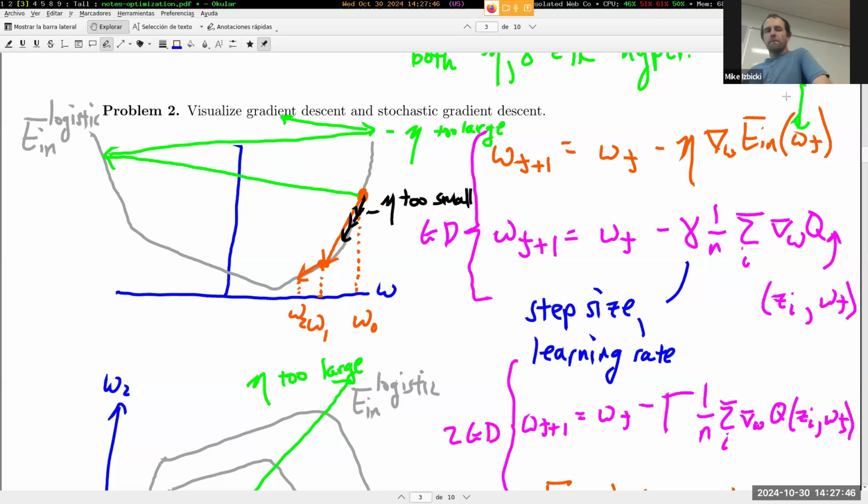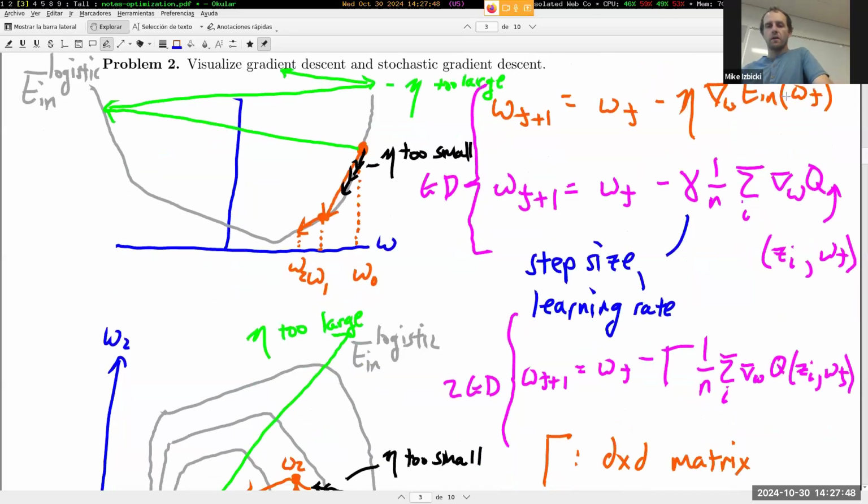Yeah. What is that signal on the second order gradient for the 1/n? So this thing over here is the gamma matrix, the D by D matrix, and there's a 1/n. This is a sigma right here, the summation, and then the gradient with respect to W of Q right here. Yeah, I'm just wondering what the two lines signal at the beginning. This? No, just right before the 1/n.